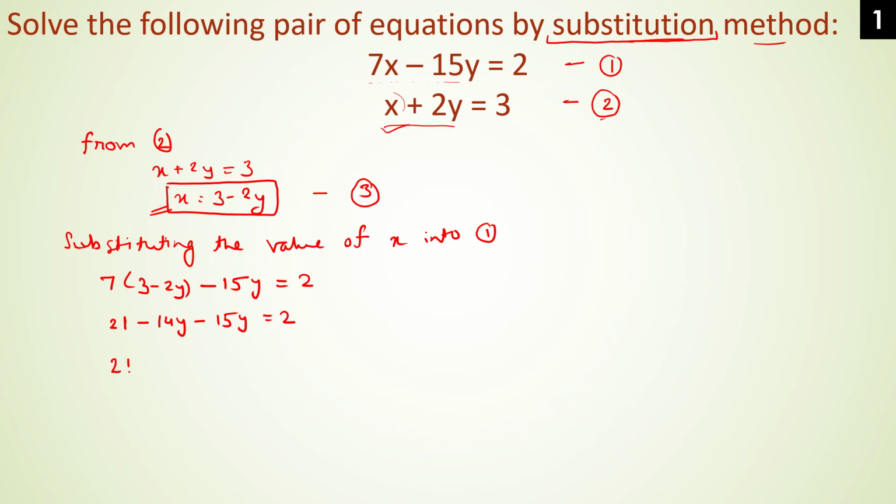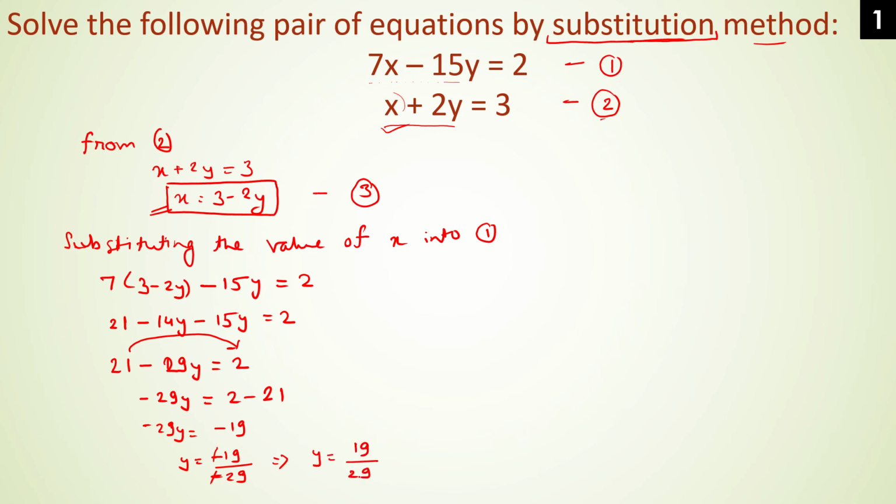So here we get 21 minus 29y equals 2. If we shift 21 towards the right hand side, we get 2 minus 21, and minus 29y becomes equal to minus 19, and the value of y obtained is y equals 19 by 29. Now we have obtained the value of y.